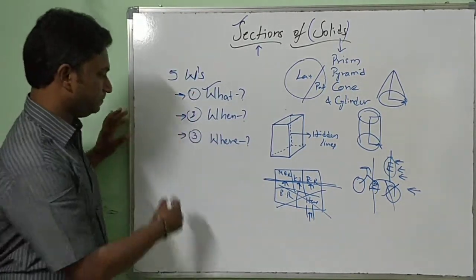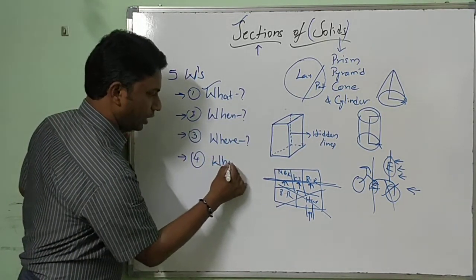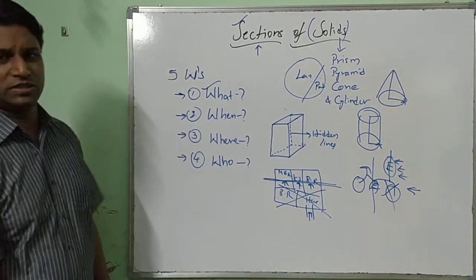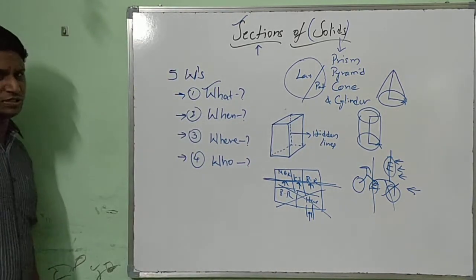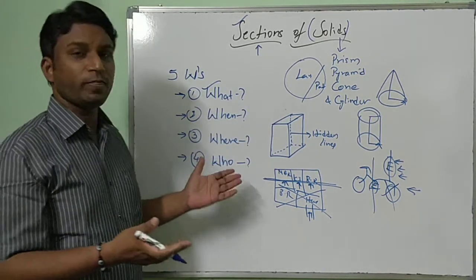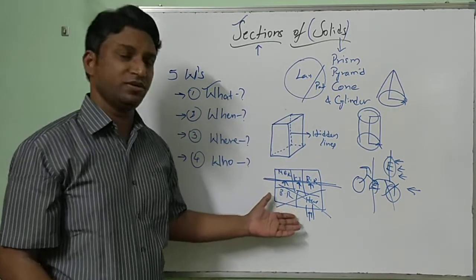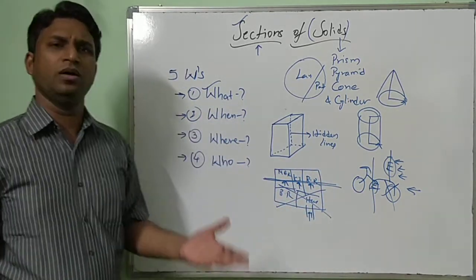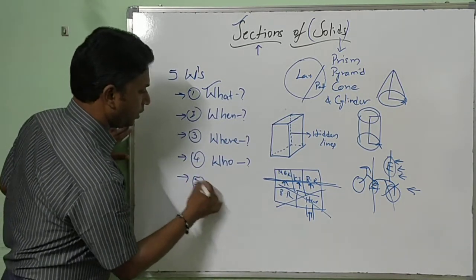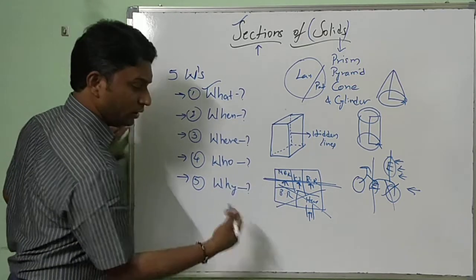What, when, where, who? You might be knowing the answer. Who will be doing these sections of solids? Obviously, engineers who want to know about the details of the inside. He may be a civil engineer, mechanical, electrical, electronics, anyone. What, when, where, who, whom, why?